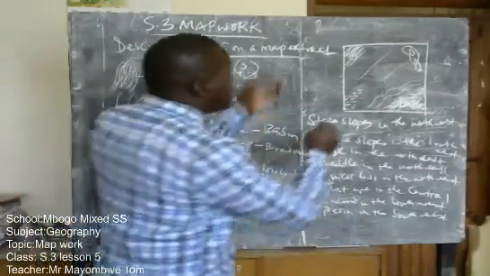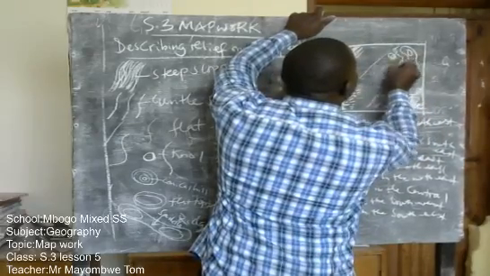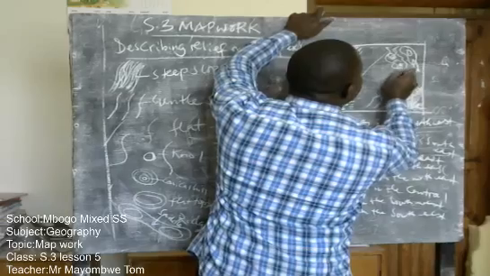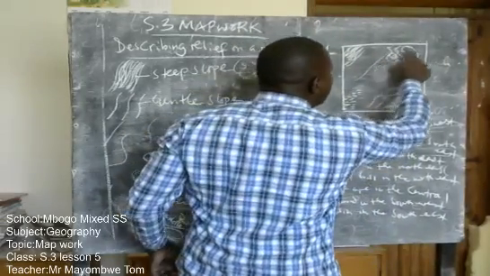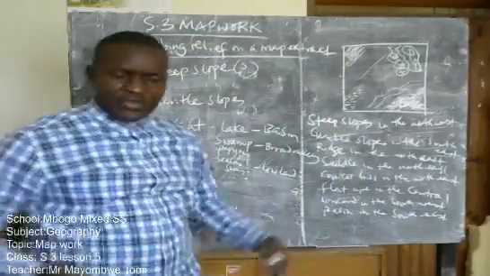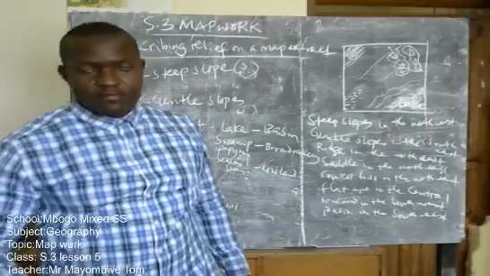Assuming I have other features here, I have other hills here. These are also hills. So this is a hill. When there are so many hills in one area, then we say that area is hilly.